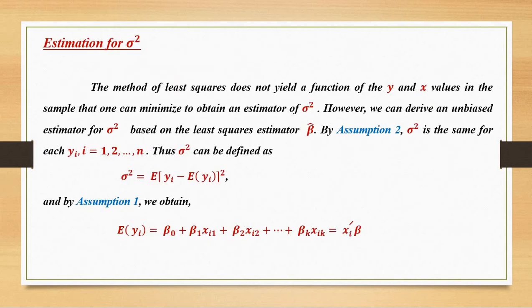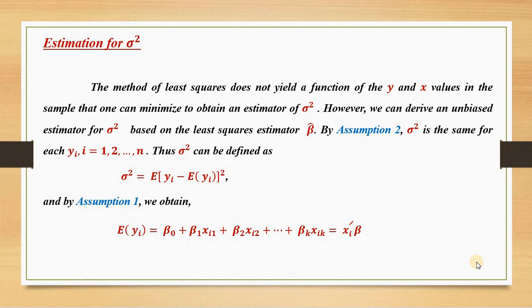Now we are going to estimate the error variance sigma square. The method of least squares does not yield a function of the y and x values in the sample that one can minimize to obtain an estimator of sigma square. However, we can derive an unbiased estimator of sigma square based on the least squares estimator beta cap.